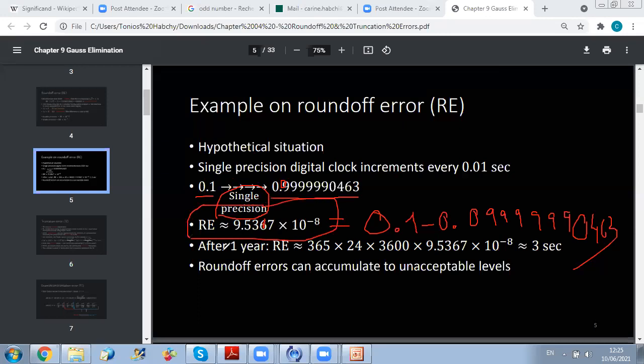So in total, after 1 year, your round off error will be much higher because it will accumulate. If you want to compute the total round off error, you will say that in 1 second I have 10 increments, because each 0.1 seconds I have an increment.